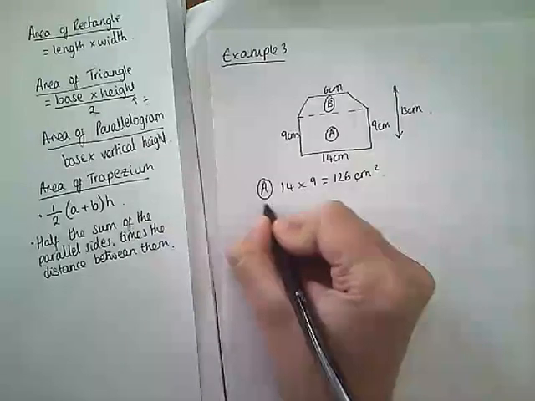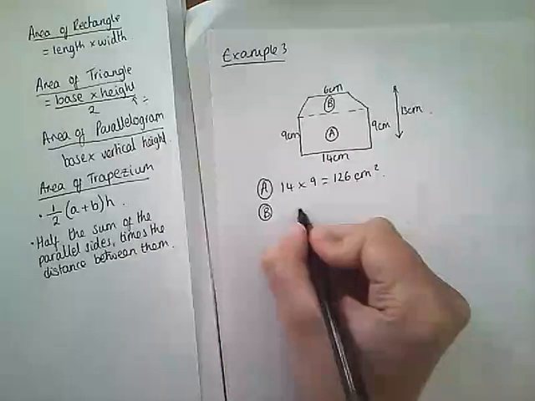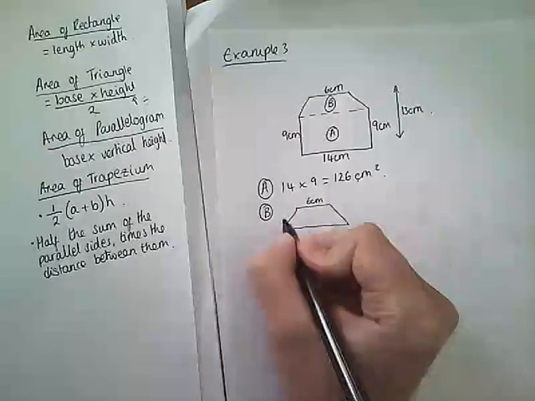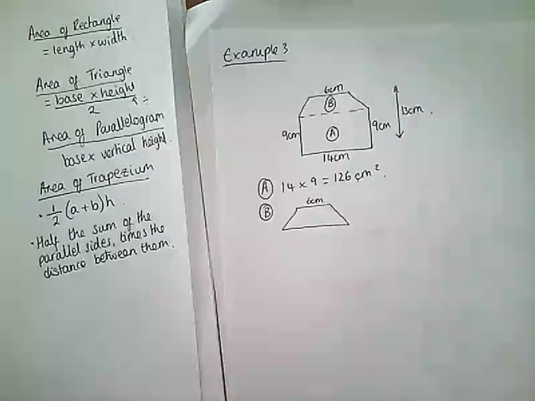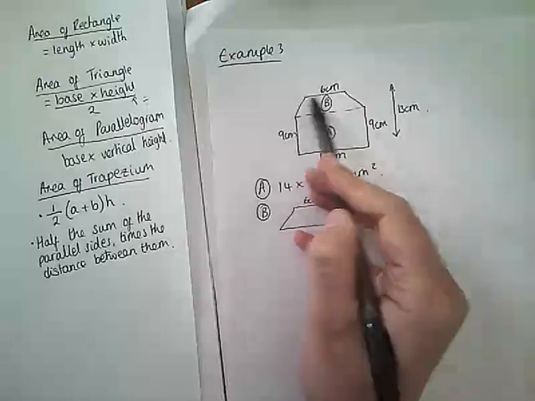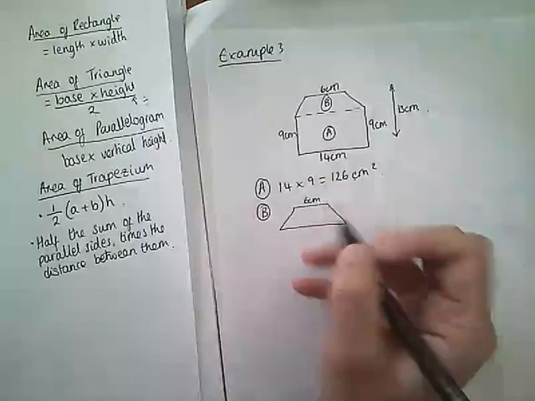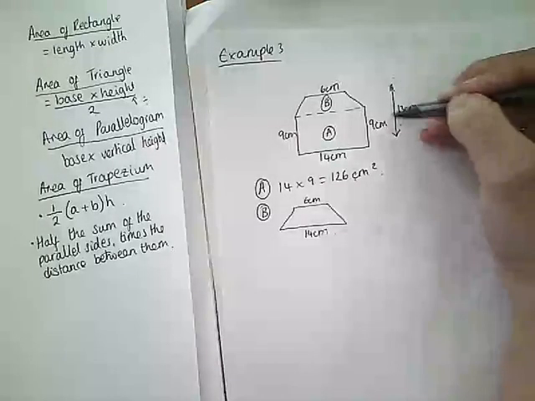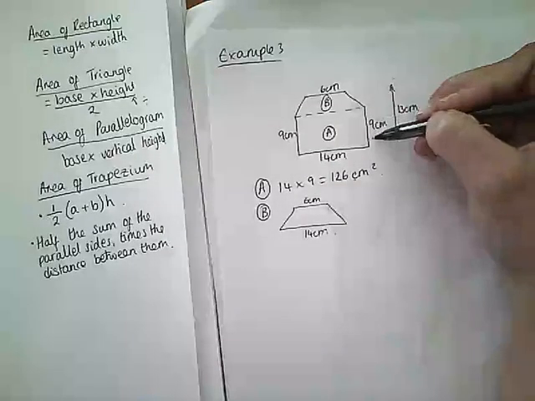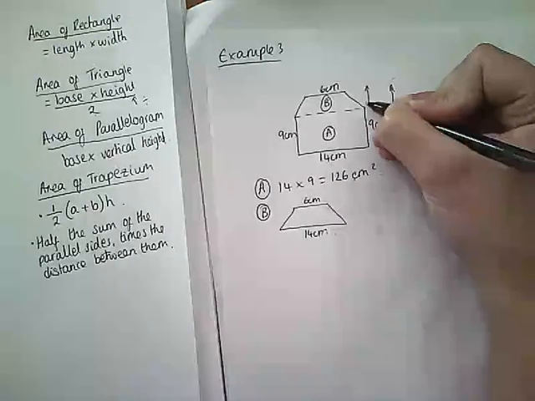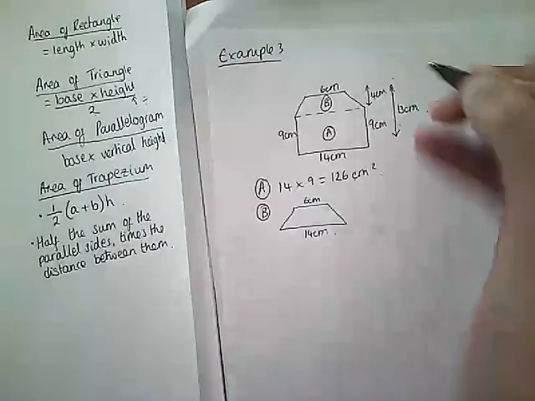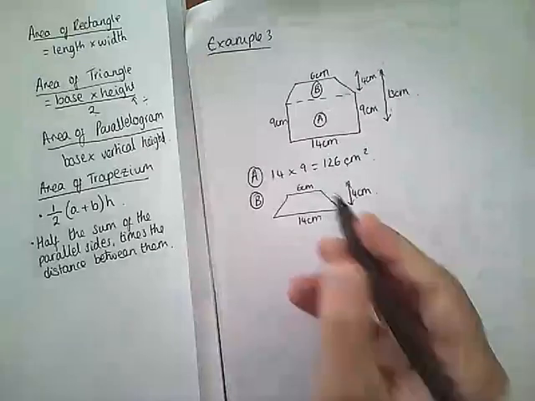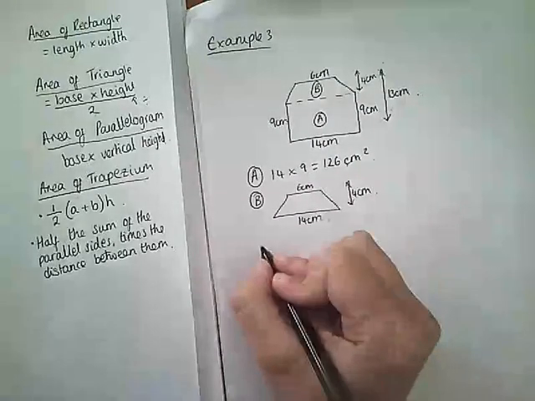Now shape B. Shape B looks like this. What shape is that? Hopefully we all know it is a trapezium. This length is 6. This length here must be 14. This whole height was 13. This height was 9, which means our remaining height here must be 4. Now, the area of a trapezium we have learnt in the previous video: half the sum of the parallel sides times the distance between them.